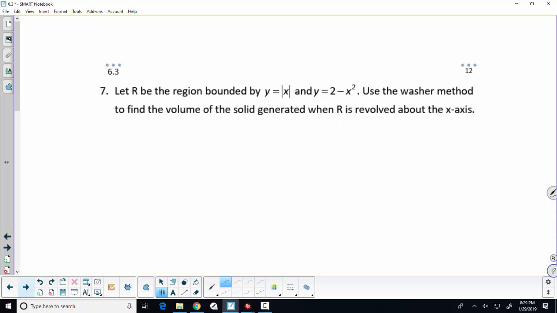All right, last one. We've got a region bound by the absolute value of x and 2 minus x squared. Use the washer method. With the washer method, we're thinking about pi times f squared minus g squared. Find the volume generated when R is revolved around the x-axis.